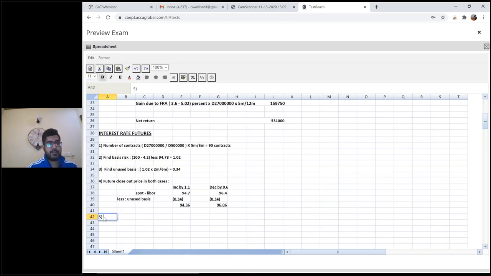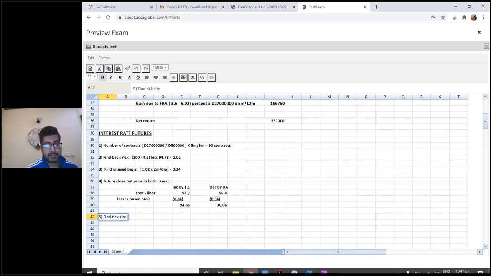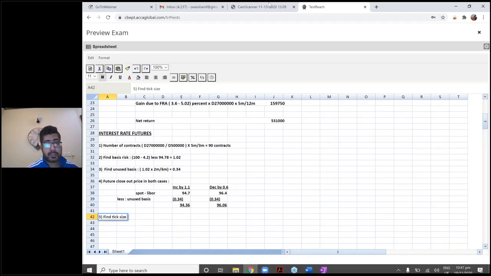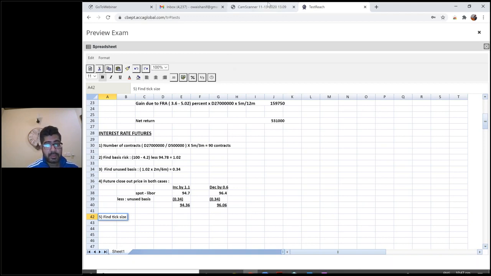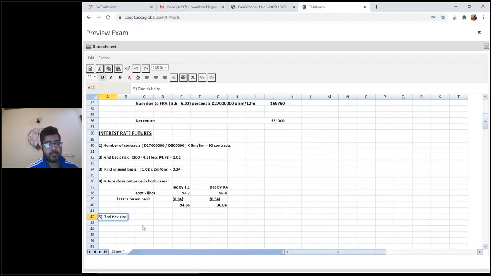It states find tick size. The formula of tick size, if not given in the question. Let me see if the tick is given. Tick is not given, so you need to find tick size.